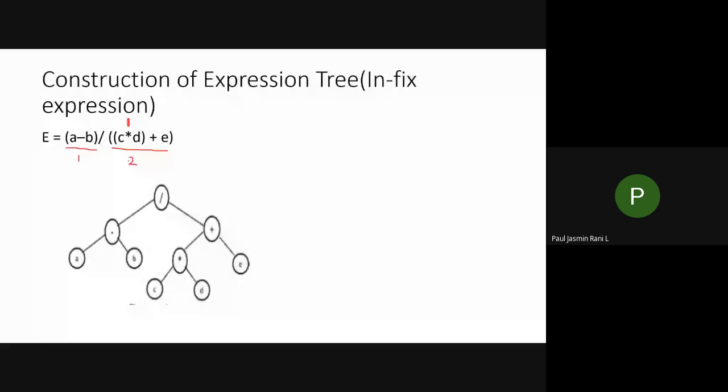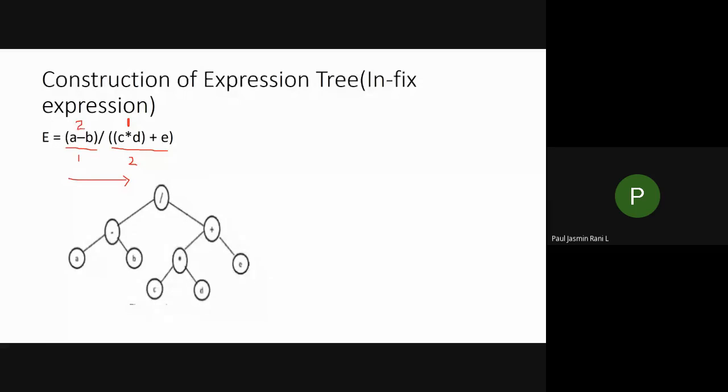If you have equal priority, you have to go from left to right. Am I correct? That is, first you have to execute your minus, then you have to execute plus. So after executing the star, you have to give preference to your minus.